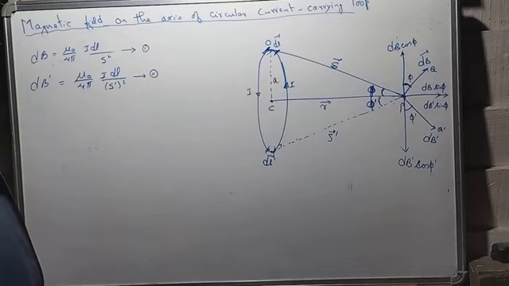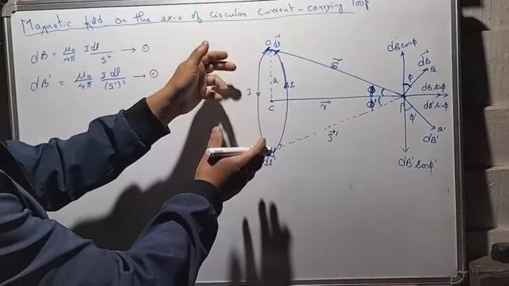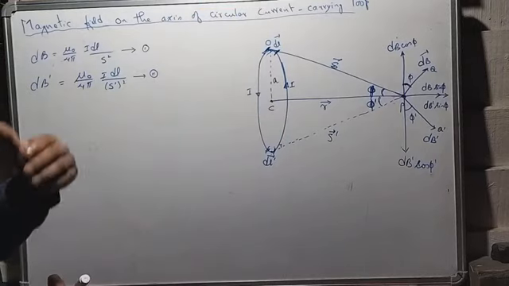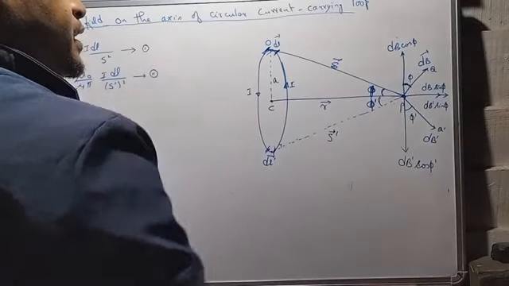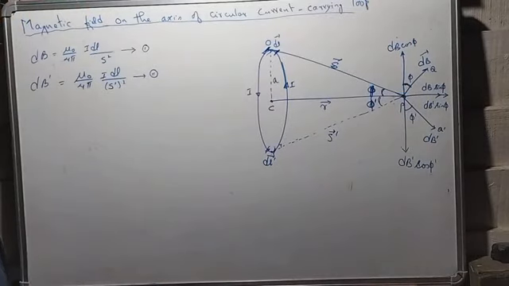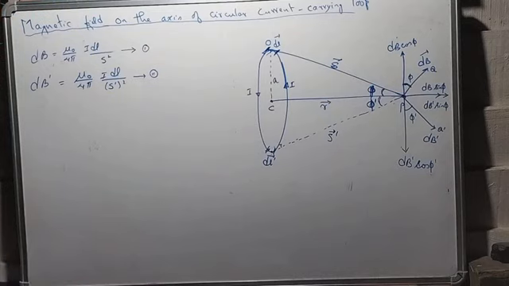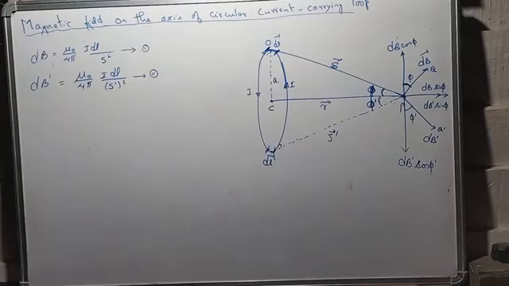So if you consider any two current elements in the diametrically opposite direction, then you will always find that this component dB cos phi and dB dash cos phi dash will be equal and opposite in direction. So they will cancel each other. The only component which remains uncancelled is the x component, that is dB sine phi and dB dash sine phi.